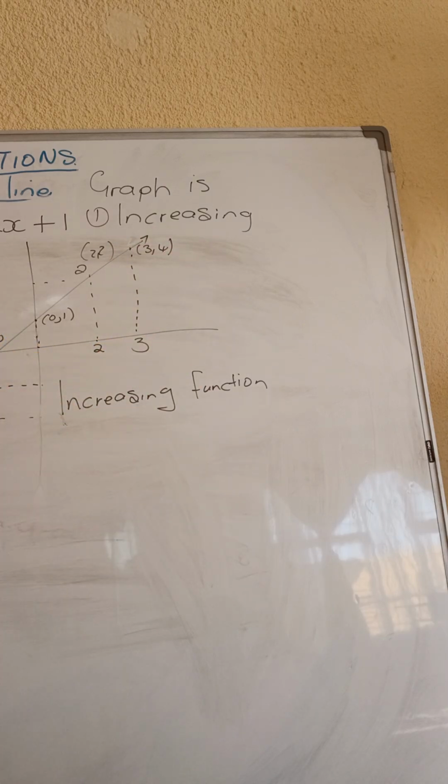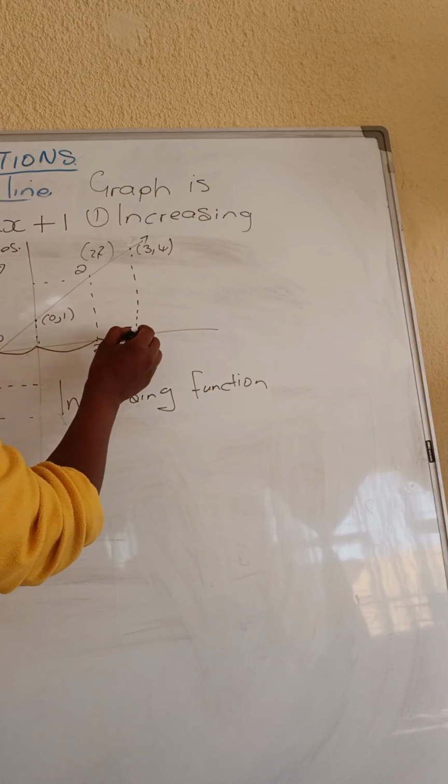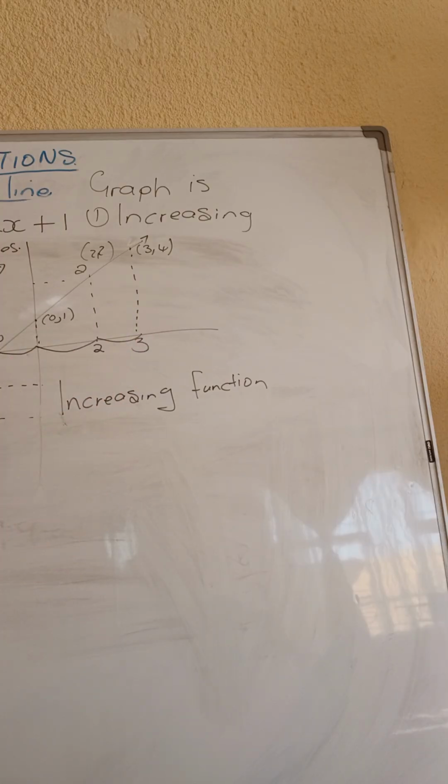Now, I want us to look at the x values. Remember, x values are increasing as we go that way. The x values increase. I want us to look at how the y values change as I increase the x values.